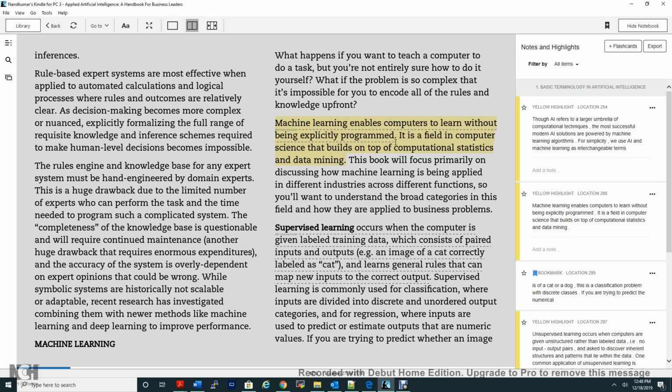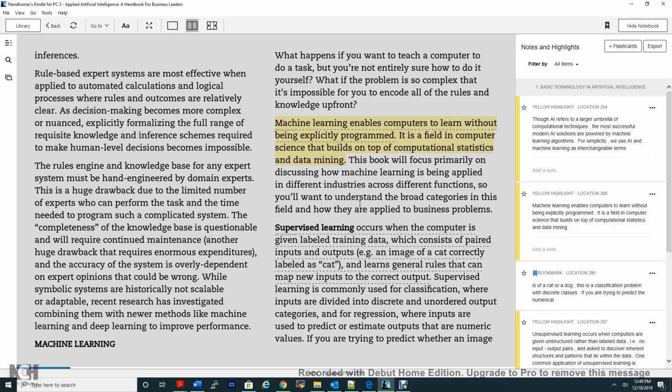Until these days, in traditional software development projects, developers write the code, testers test it, analysts give the business requirements, and so on through the software development lifecycle. But in machine learning, the computer learns without being explicitly programmed. That's the difference between the traditional software development lifecycle and machine learning.